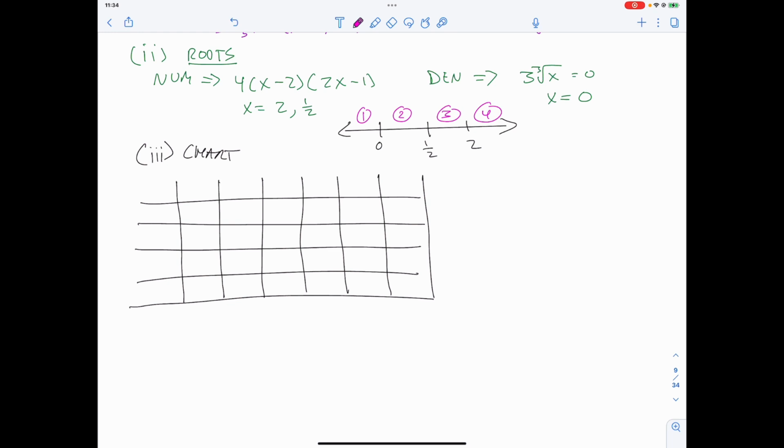So my factors are the coefficient, 4/3, the x minus 2 in the numerator, the 2x minus 1 in the numerator, and the cube root of x in the denominator. And still f prime of x and f of x. My intervals are when it is less than 0, when it's between 0 and 1/2, when it's between 1/2 and 2, and when it's greater than 2.